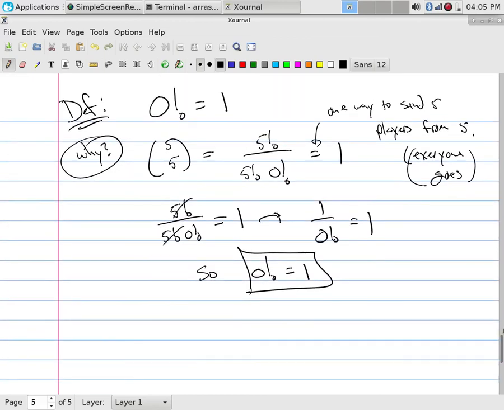And what's the idea behind it? The idea behind it is, when I say choose, what does it mean? 0 factorial would be like choose no one, if we do it that way, or arrange no one. If we take the idea of the choice function, which is assign people, 5 choose 5 would tell you all 5 play, and that leaves you nobody on the bench. And how many arrangements of the bench do you have? 1. Nobody's arranged.